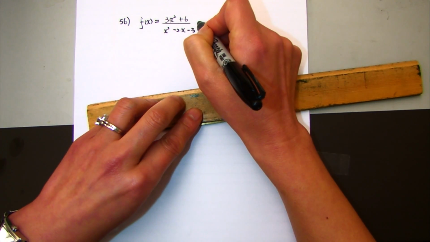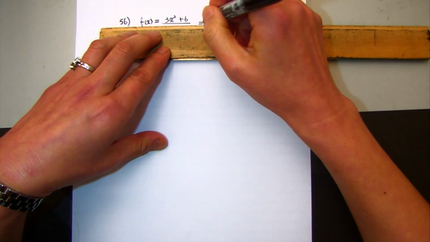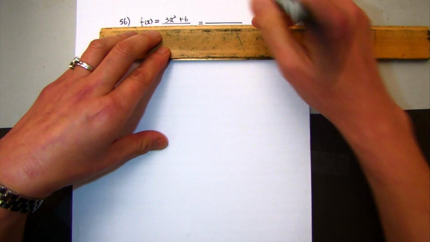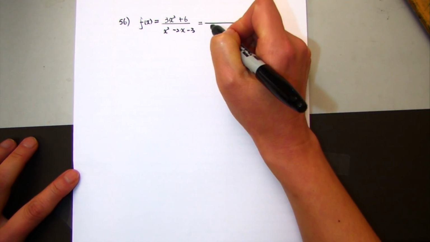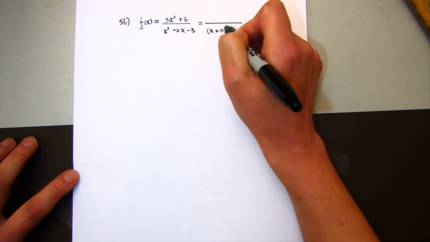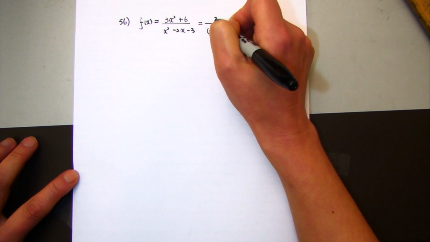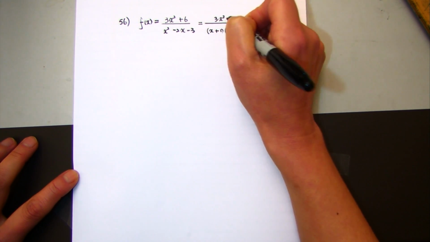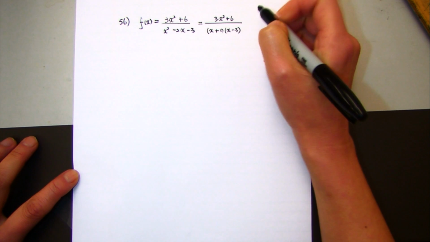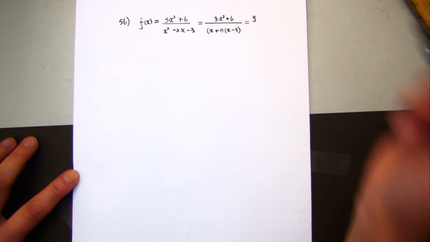Remember, always keep two versions of the problem: one with the denominator factored, the other not factored. Do we factor numerators? There's no need. I don't think it'll make it easier. And write a y value, because it's easier to have it in front of us.